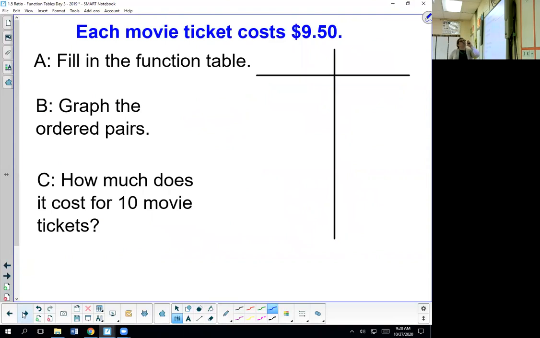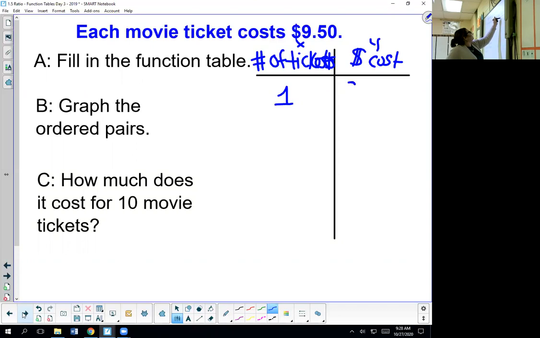Each movie ticket costs $9.50. Fill in the function table. So we're talking about number of tickets and the cost. This is your X, this is your Y. One movie ticket is $9.50. So what if I bought 2 or 3?